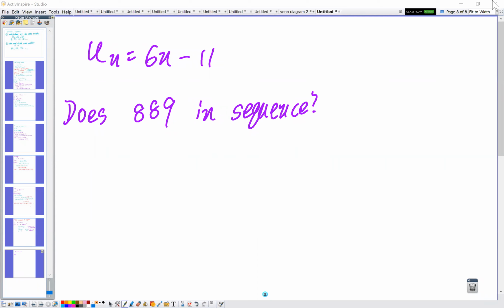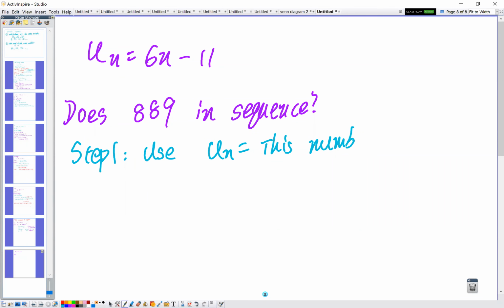Okay, so look at this. If we want to say whether a number is in the sequence or not, let me write down the steps here. Step 1, use un equals to this number. Which number do you want to verify?